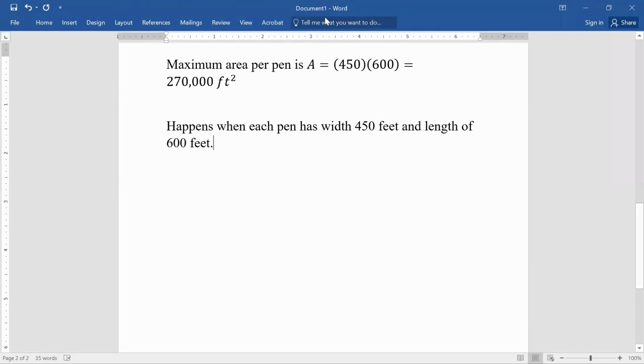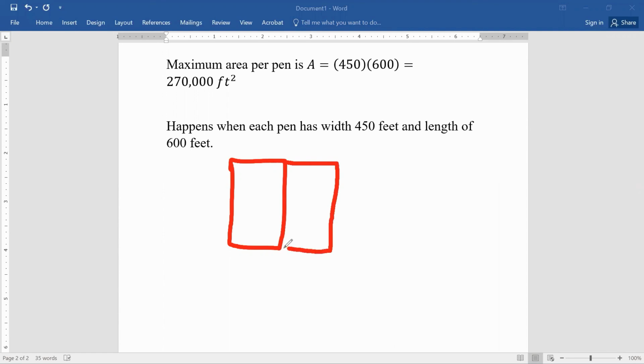Just so we're all on the same page, in this case, we shared one of the sides, these two pens shared one of the sides that was the 600, right? The x's were here, the y's were here.